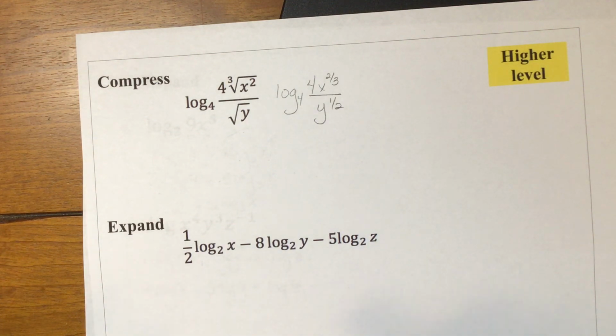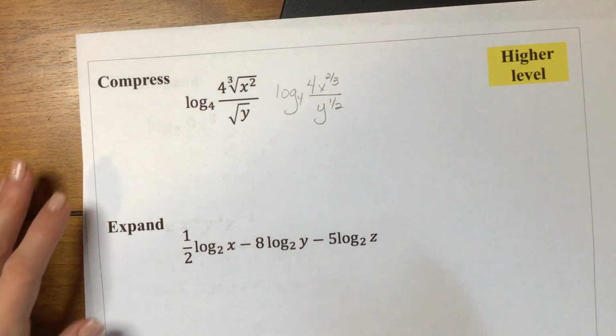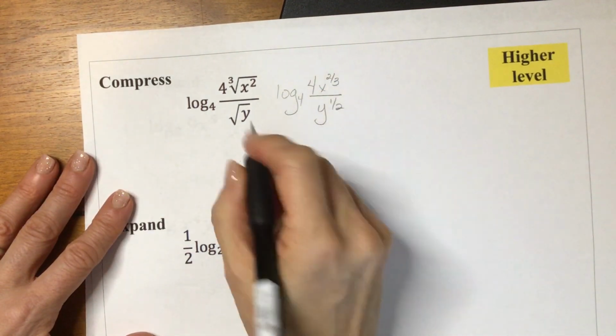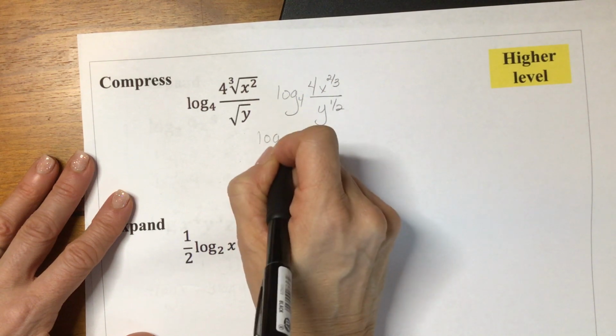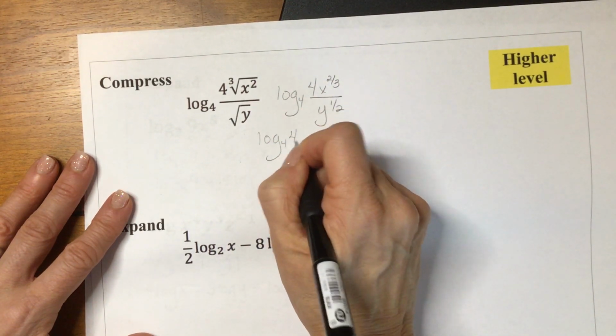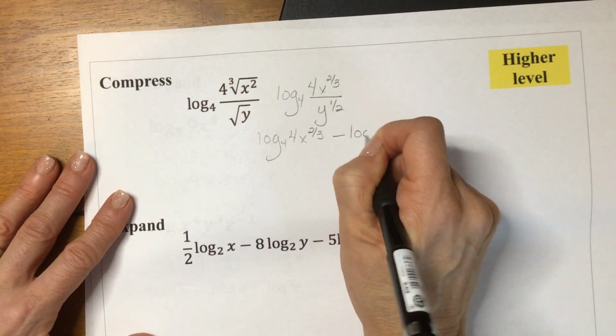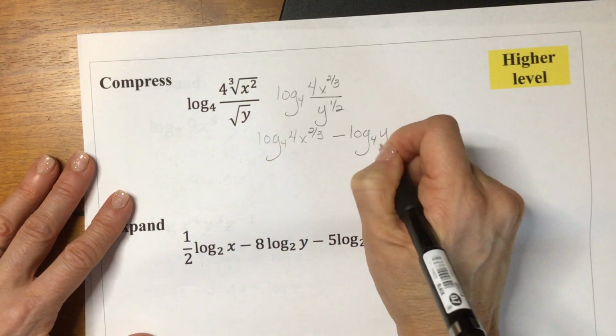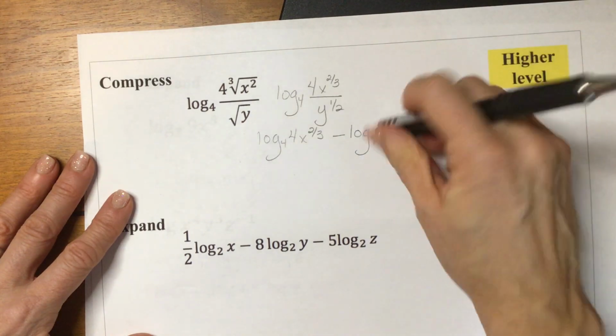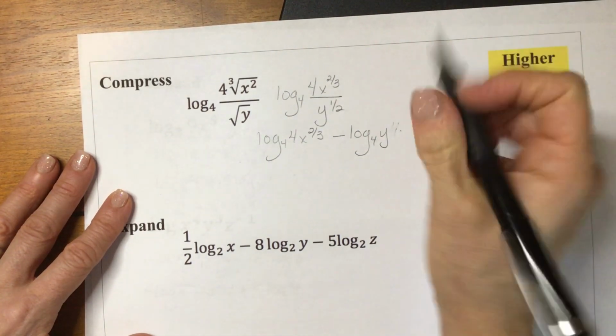Now I have division. And so my first step might be to separate this into log base 4 of 4x to the 2/3 minus log base 4 of y to the 1/2. Oops, I want to make sure that looks like an exponent.